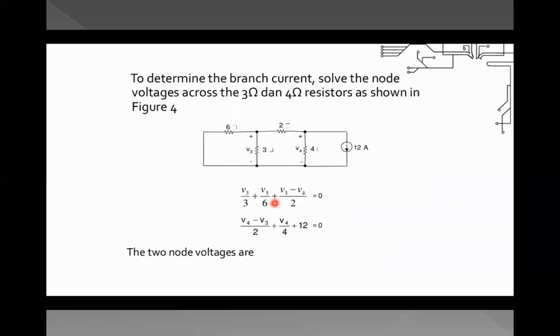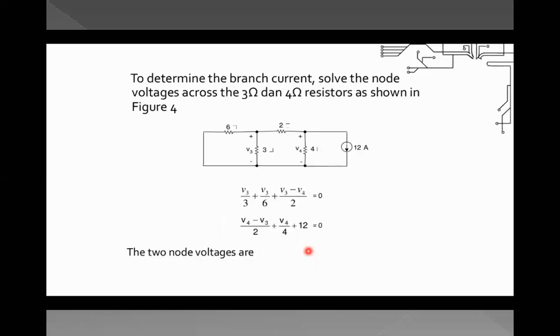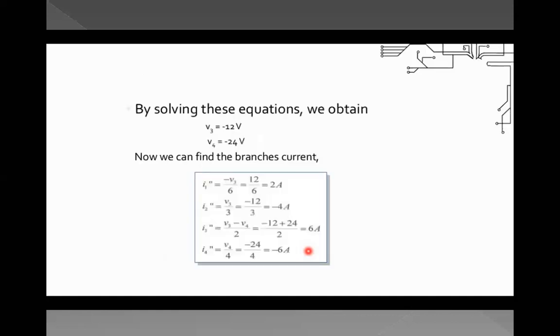So I1 double dash is nothing but, because we labeled this as V3 and this as V4, V3 by 6, I2 double dash will be V3 by 3, I3 double dash is nothing but V3 minus V4 by 2, and similarly I4 double dash will be V4 by 2.